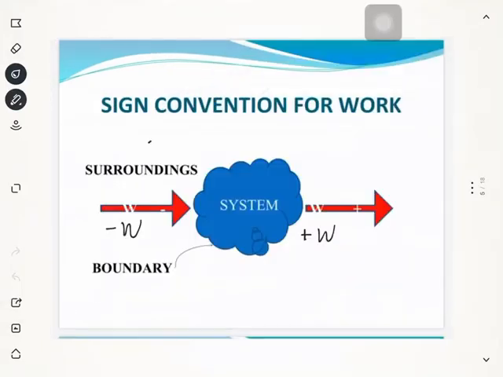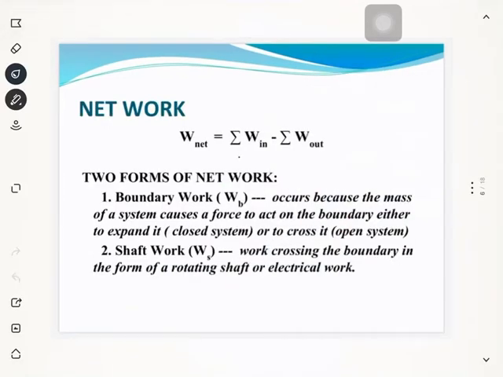If you have so many, for example, work 1, work 2, and so on and so forth, so many works acting on your system, we have the net work.